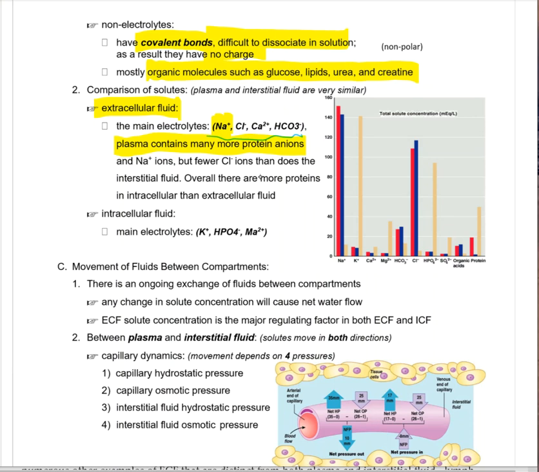So let's make a note of that. Now, proteins usually have charge because the amino acids have different R groups, and those R groups can have charge. So that's why we're including proteins into these solutes, because they have charge and they dissolve in water.